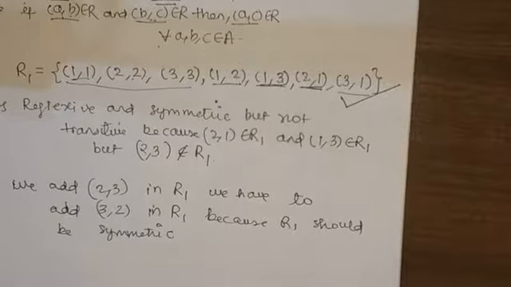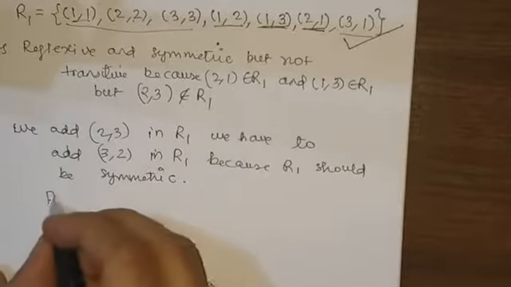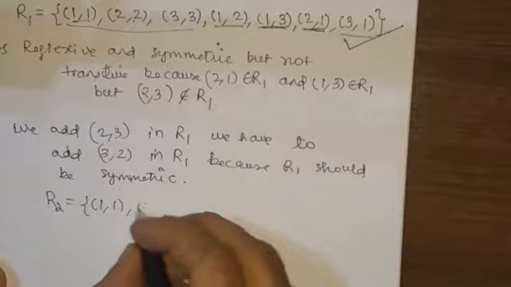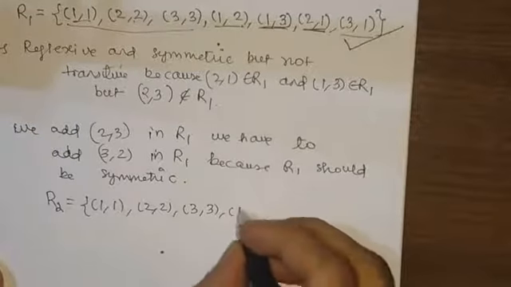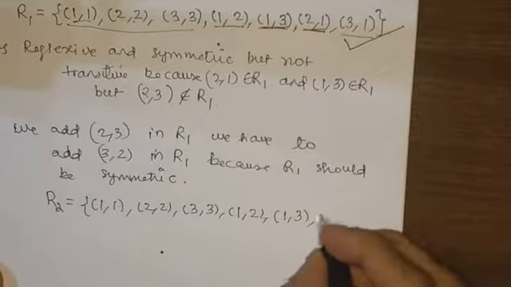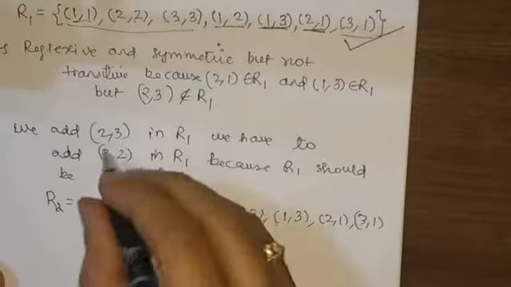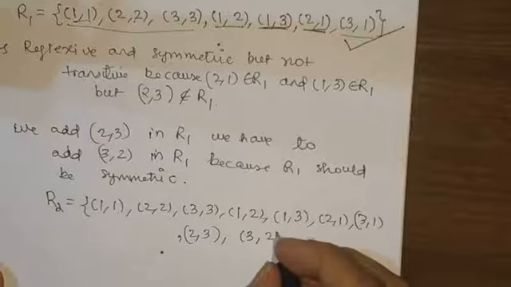Now if we add this, what will you get? You will get R2 equal to 1 comma 1, 2 comma 2, 3 comma 3, 1 comma 2, then 1 comma 3, 2 comma 1, 3 comma 1, and just now we added 2 comma 3, 3 comma 2.